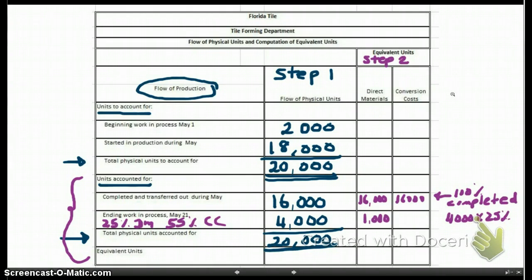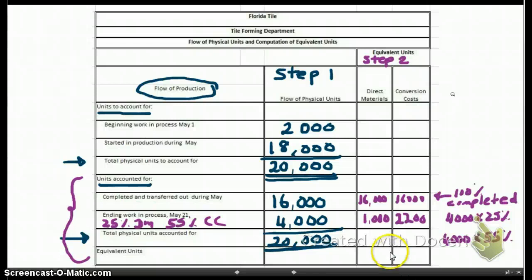So your direct materials equivalent units are 4,000 units, the amount in your ending work in process, multiplied by 25%, giving you 1,000 equivalent units. Similarly, for conversion cost, you multiply 4,000 by 55%, giving you 2,200 equivalent units.